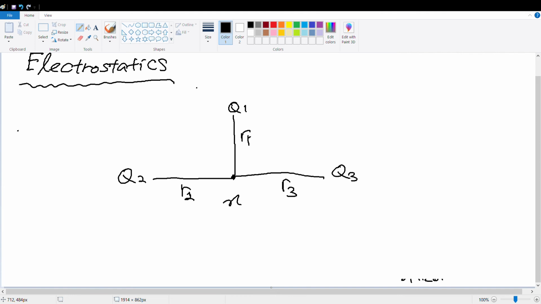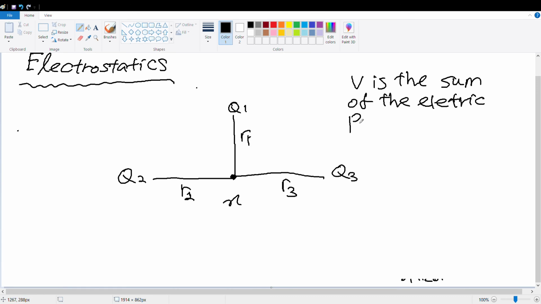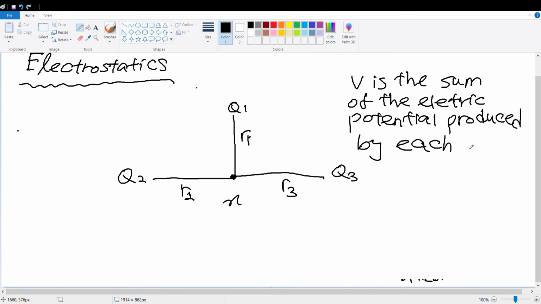Since the electric potential is a scalar quantity, the electric potential exerted at this point X is the sum of the electric potential produced by each charge. So V is the sum of the electric potential produced by each charge.